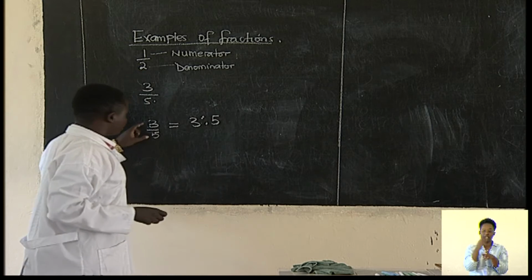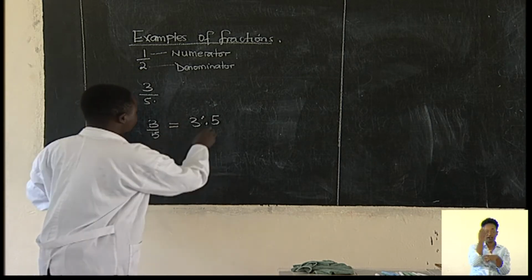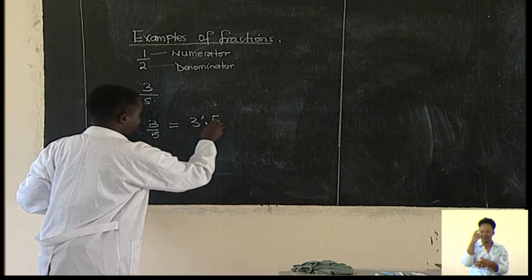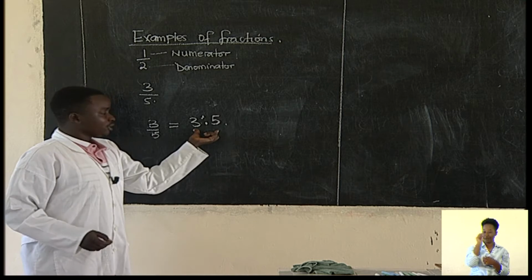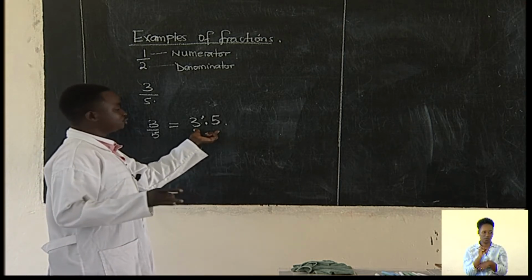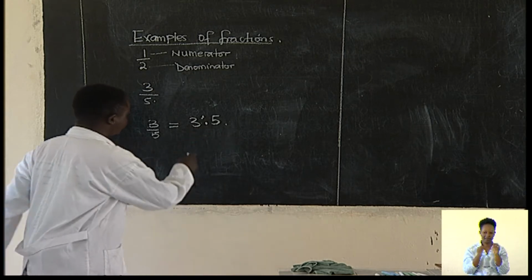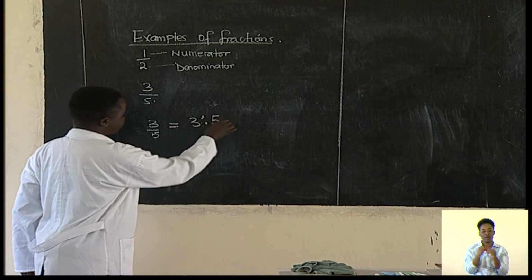So a ratio can be expressed in the form of a fraction or in this form, 3 to 5. A ratio is a mathematical fraction showing the relationship between or among variables.